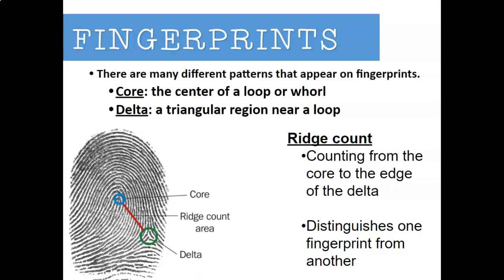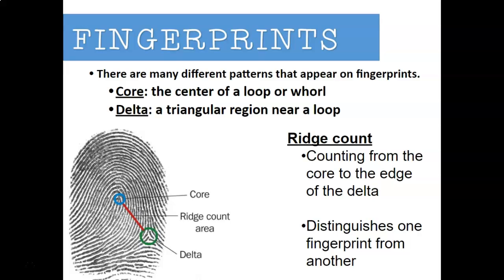Within that, though, there are patterns and ridges and minutiae that we'll talk about that identify specific fingerprints to specific people. So there is a core, which is the center of a loop or whorl. I have mostly loops, but I do have a whorl, and in the dead center of the whorl would be the core.